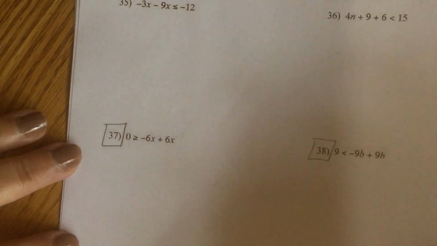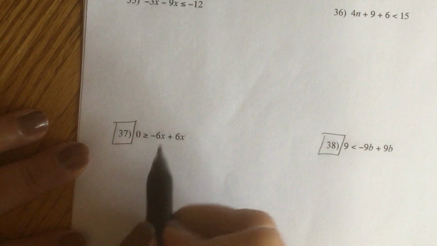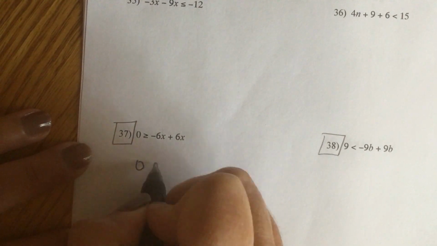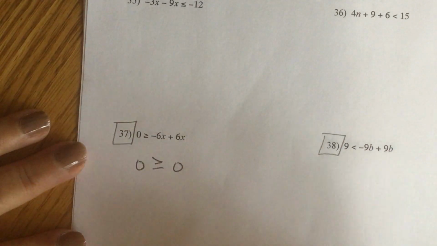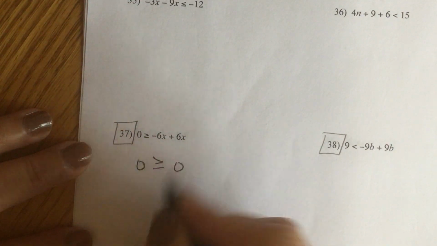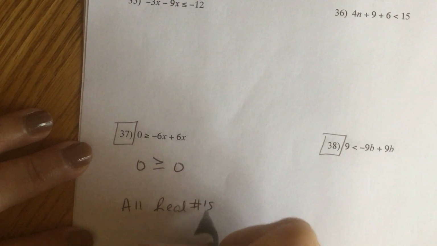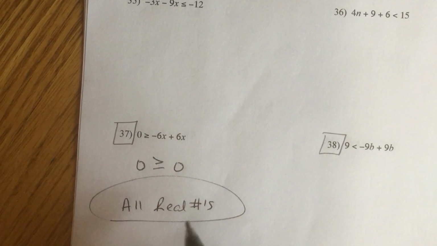A couple things I want to show you that could come up. If you have negative 6x plus 6x, you get 0. So 0 is greater than or equal to 0. This is always true, so your answer is going to be all real numbers. Okay? So I had a couple students ask about saying infinitely many solutions.